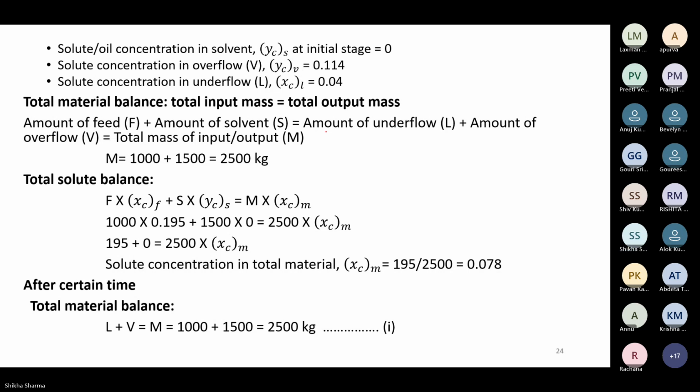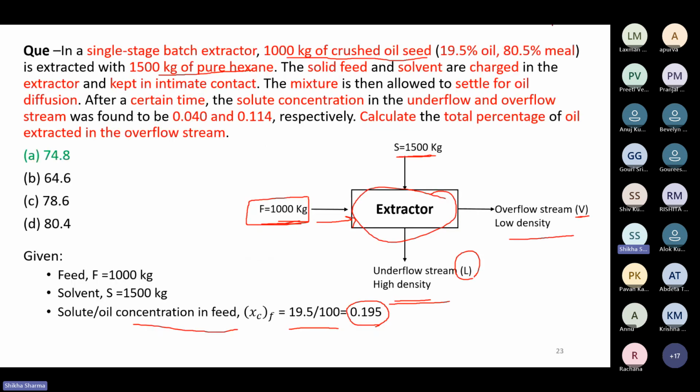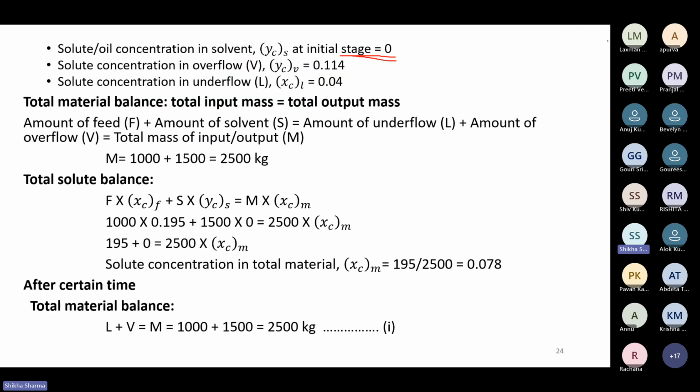Then the oil concentration in the solvent will be 0 initially. In the feed it's 19.5%, because the crushed seeds have some amount of oil, 19.5% as per the question. But in the solvent there will initially be no oil because it is going to be extracted, right? So the initial value of oil in the solvent is 0.